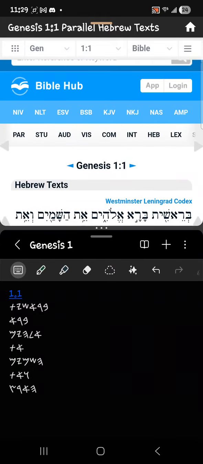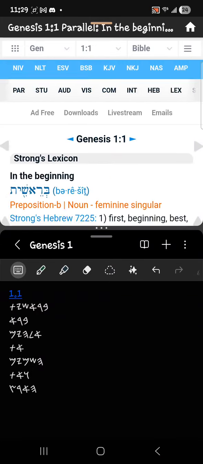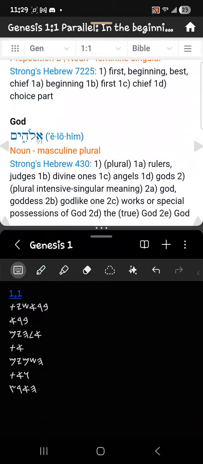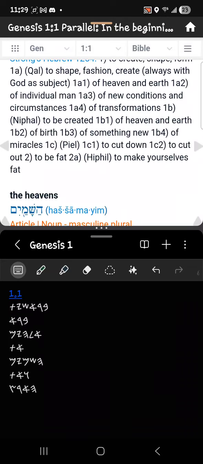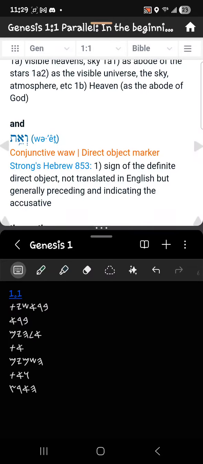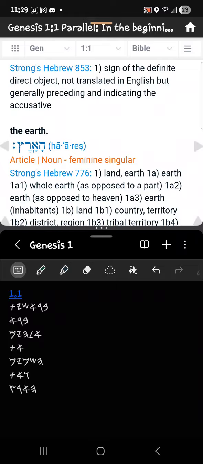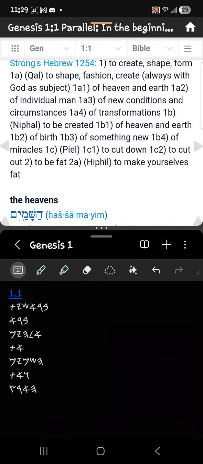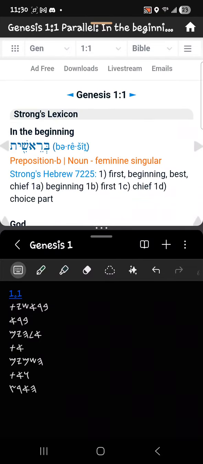Let's go to the Strongs. Bara Ashayth, first, beginning. Okay. Elohim bara, hashamayim wa'eth ha'arets. Okay. And what I'm going to do right now is, I'm not sure if I'm going to do the whole breakdown of every single letter right now.